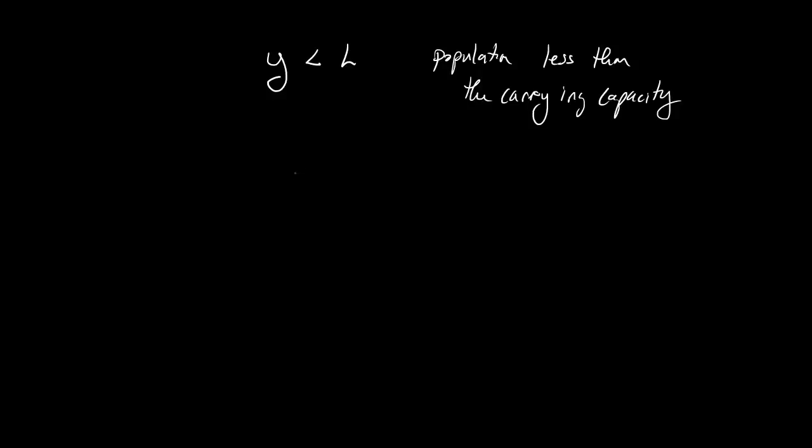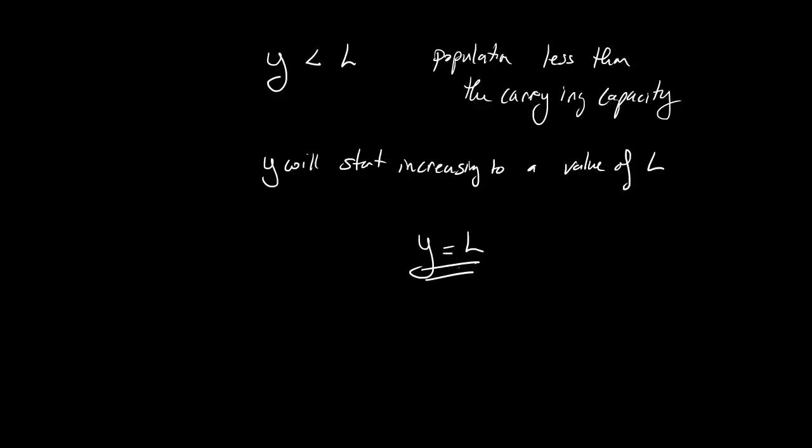You're going to see that y will start increasing toward a value of L. So y tends to increase towards L. And ultimately, we want to get to the point where y = L. We want that nice equilibrium, and we're going to go one way or the other. It tends never to be exactly equal. We'll go high, then low, and low, then high. But over a period of time, you're hopefully going to see this nice equilibrium develop.